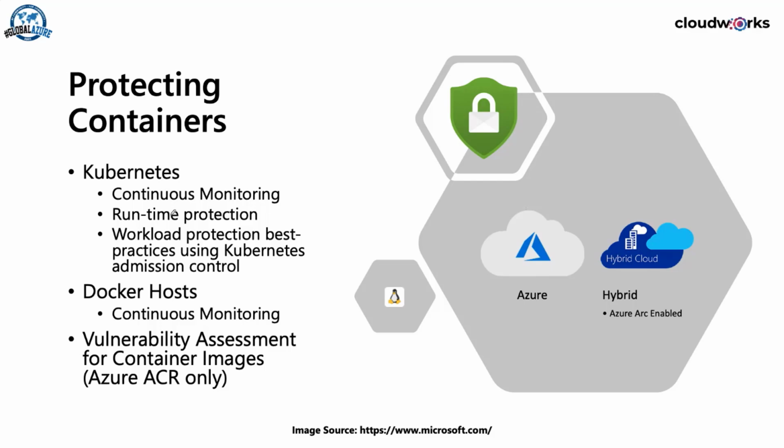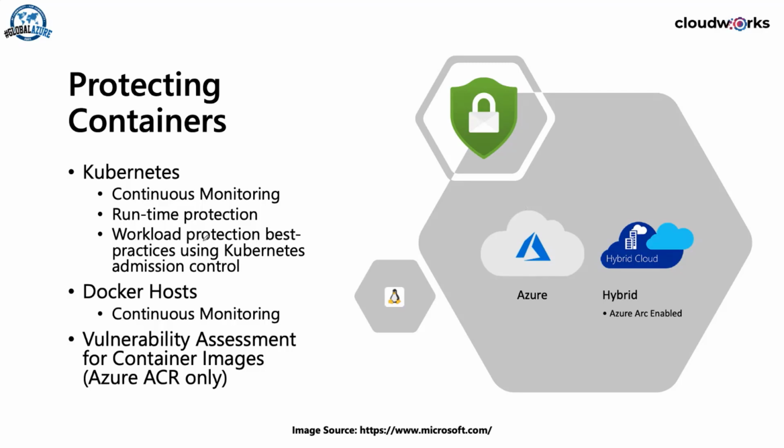Azure Defender for Kubernetes, for example, provides you continuous monitoring capabilities, runtime protection for your containers, workload protection, and best practices using Kubernetes admission control, and we support Kubernetes running on Azure and Kubernetes running elsewhere, which is through Azure Arc. Azure Arc enabled Kubernetes clusters are how you protect your hybrid Kubernetes clusters or clusters running outside of Azure.